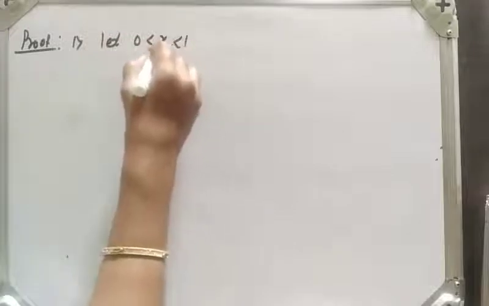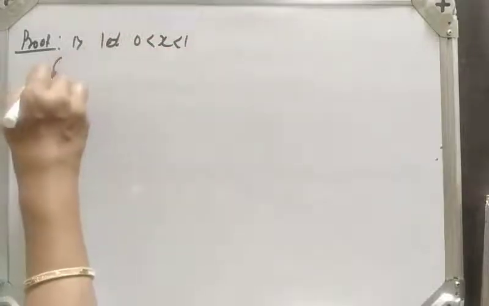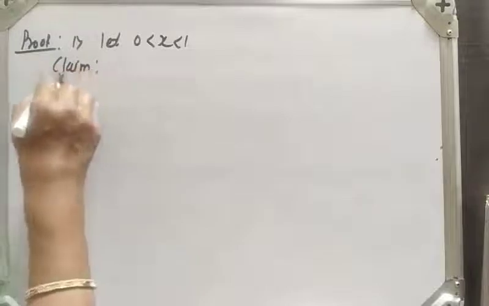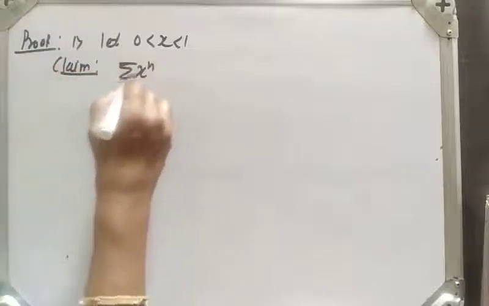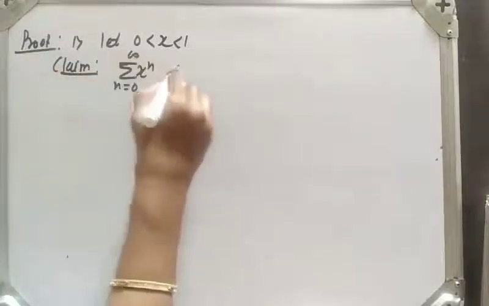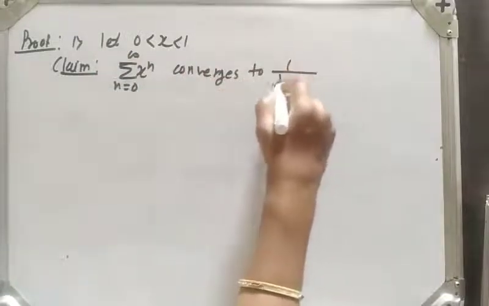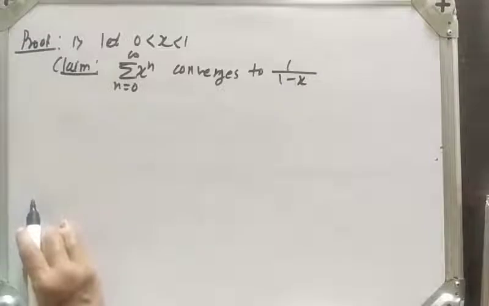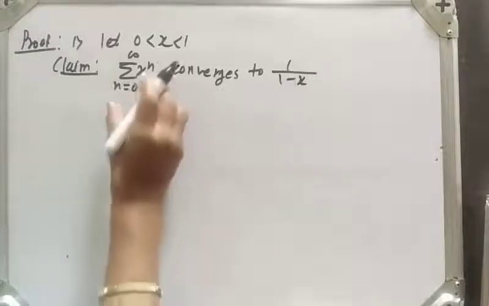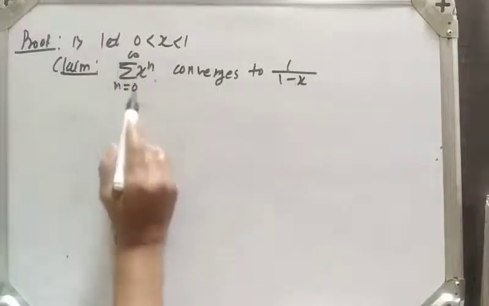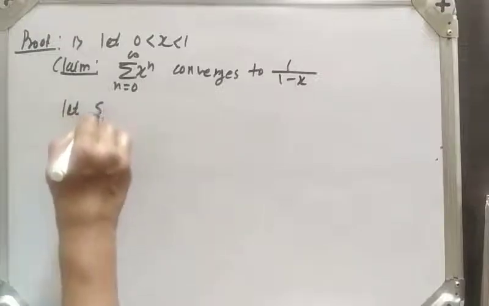First statement. Let us consider x is between 0 and 1. What is our claim? What do we have to prove? That the series sum of x raised to n, n varies from 0 to infinity, converges to 1 upon 1 minus x. So let us prove it. This is the given series, so let us take its partial sum.